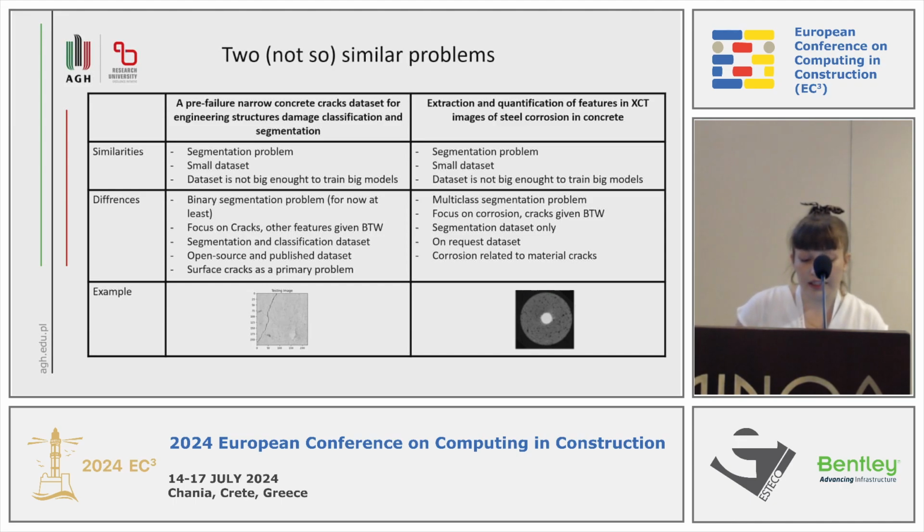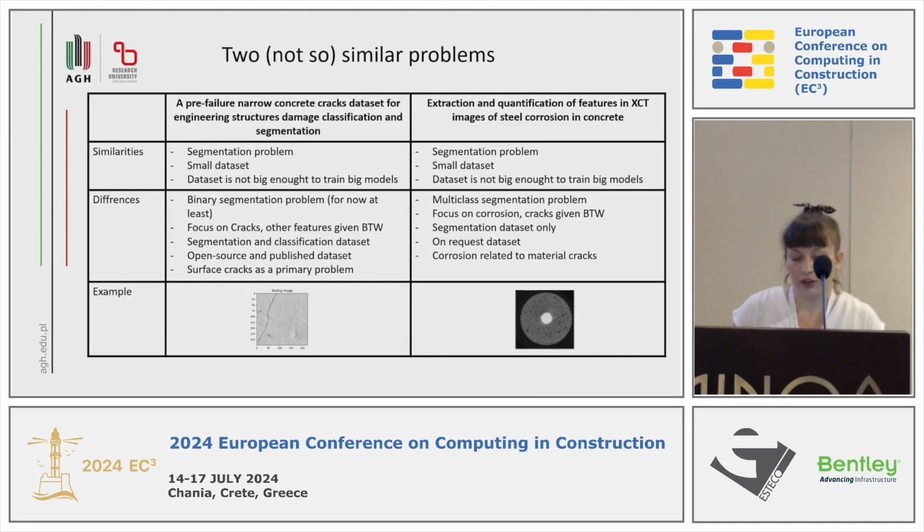And this dataset is focused on cracks, on surface cracks, and other features are not recognized here. This dataset is dedicated also for classification, so it is a segmentation and classification dataset. And this dataset is open source.